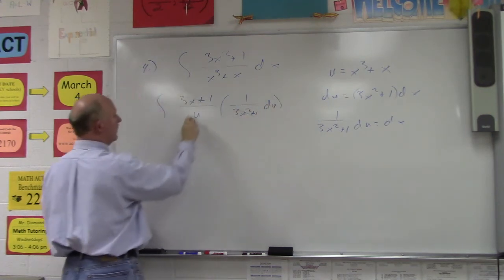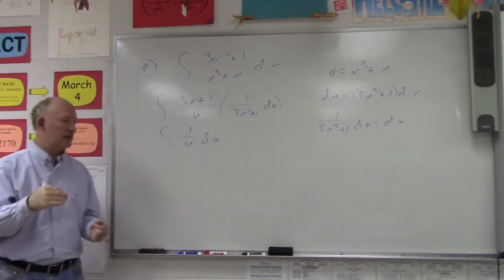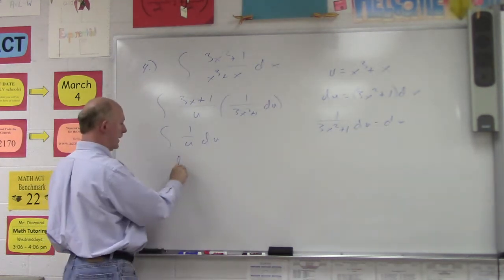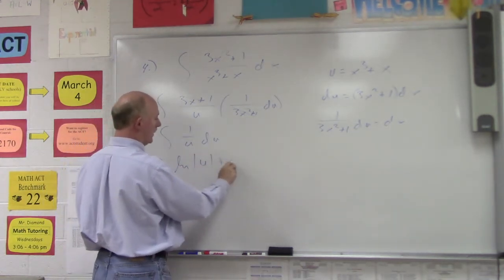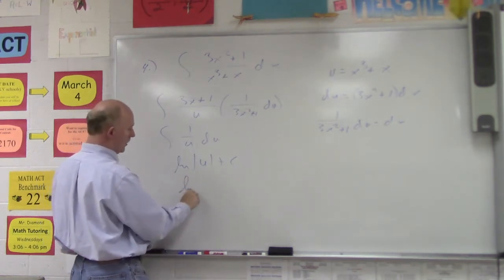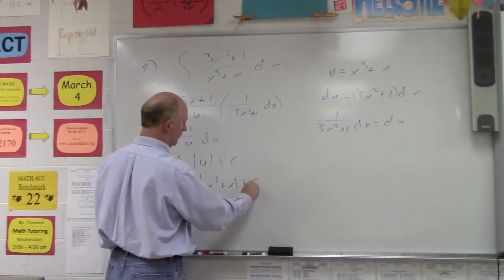These cancel out, and that gives us 1 over u du. So once again, you see that 1 over u. The antiderivative is natural log absolute value of u plus c. Substituting back in terms of x gives natural log absolute value x cubed plus x plus c.